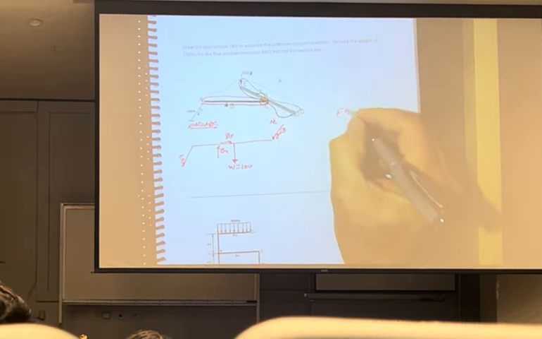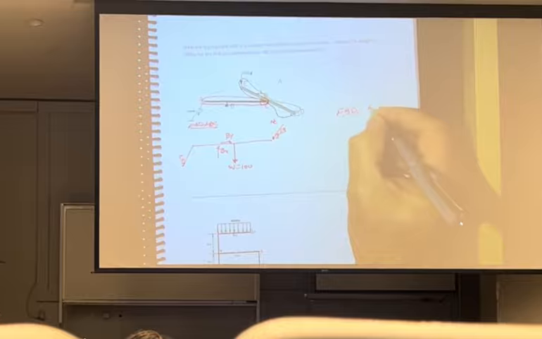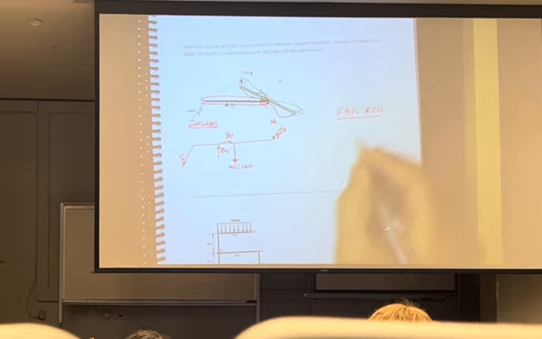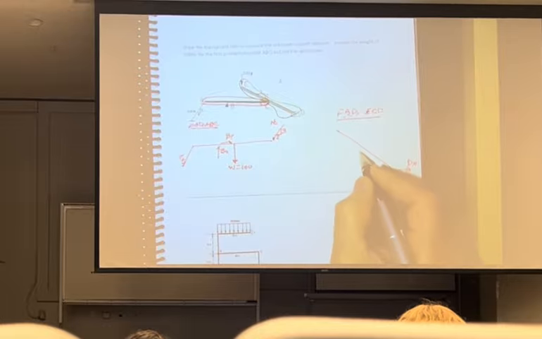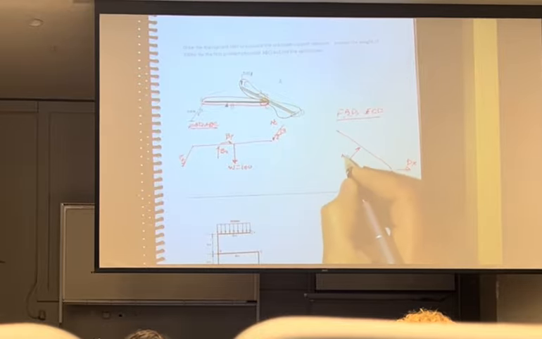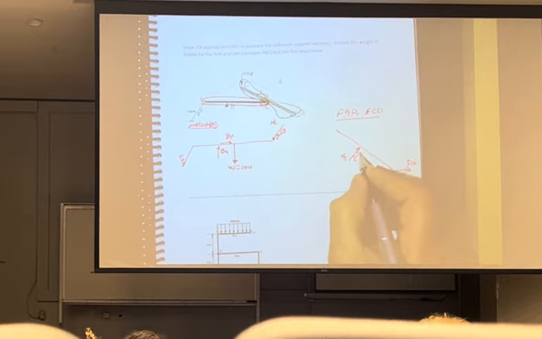Free body diagram of the other, which is ECD, looks like this. I'll have a DY, DX. I will have a normal force NC here, which is at 2, 3.